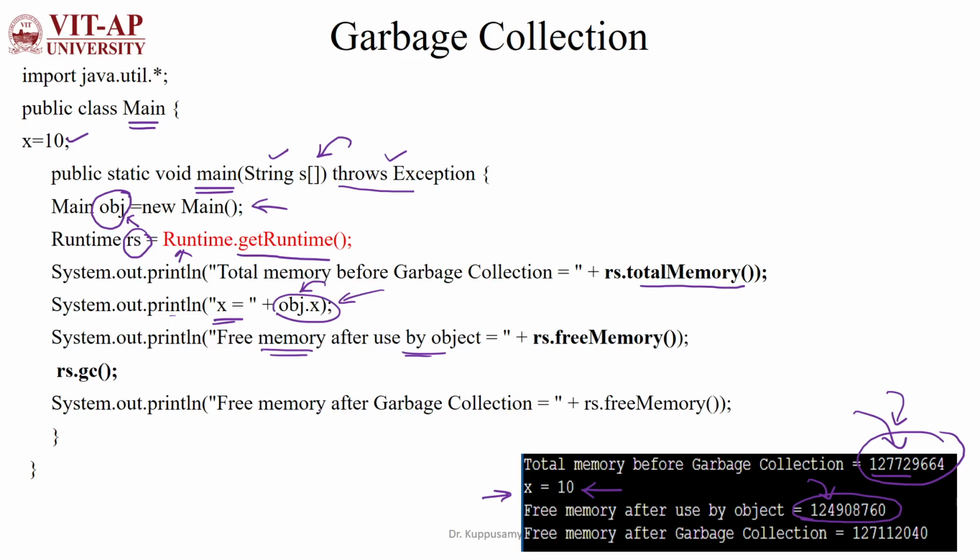124908760. Now I am applying the garbage collection method. The memory space allotted to the obj variable will be collected. After collection, we get the memory space back, 127112040, which is approximately close to the earlier value.